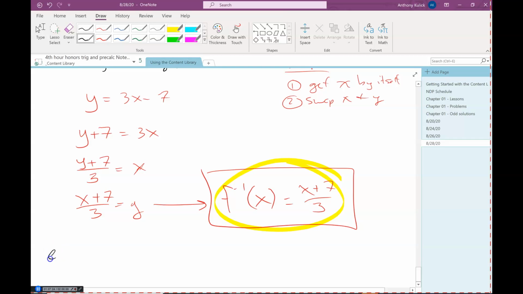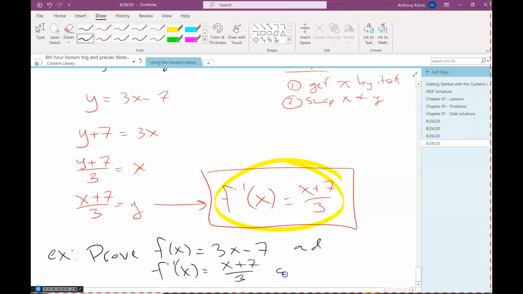What if I asked you then to prove they are inverses?